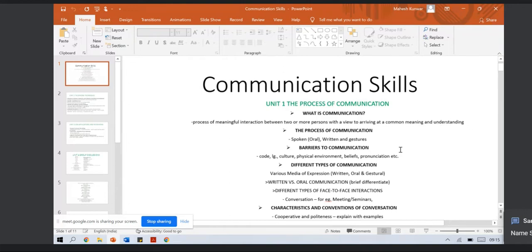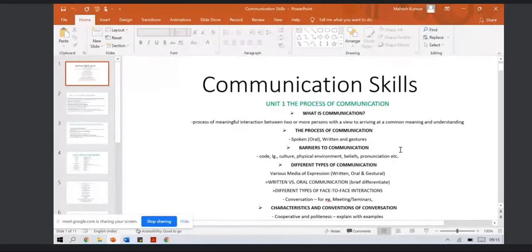If we talk about spoken communication, it is easier and more effective. The speaker and audience, or encoder and decoder, can understand the thing on the spot, so you don't have any doubt. If there is any misunderstanding or confusion, it can be resolved on the spot.